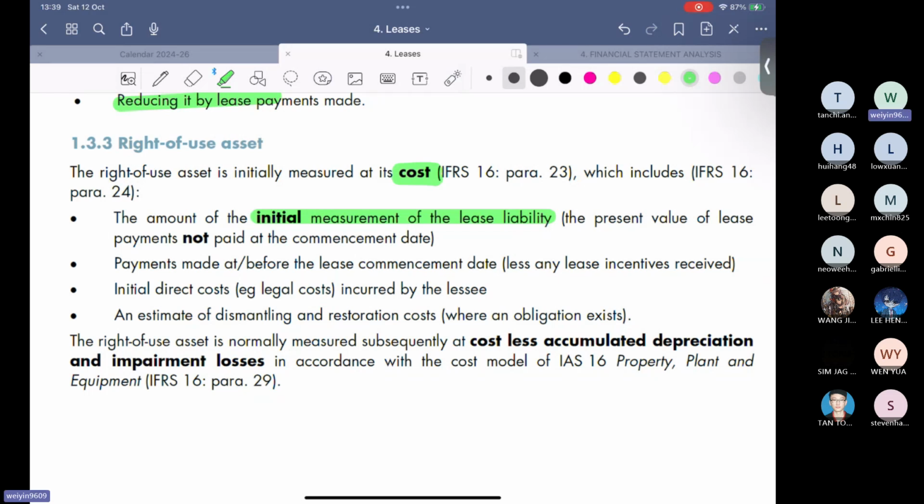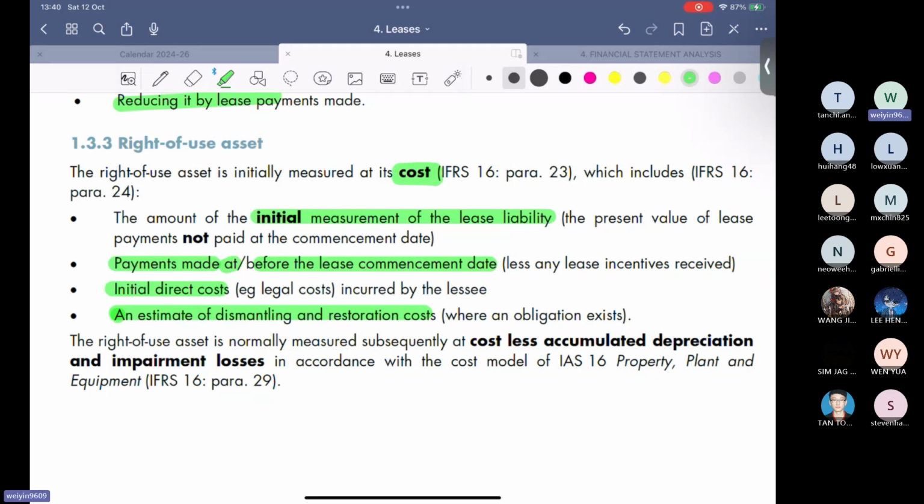And then maybe when you sign, you need to make some payment at or before the commencement date. You have an initial direct cost like the legal cost, or a professional legal fee. And then you need to pay any estimated dismantling or restoration costs.